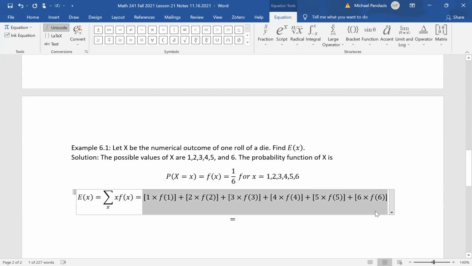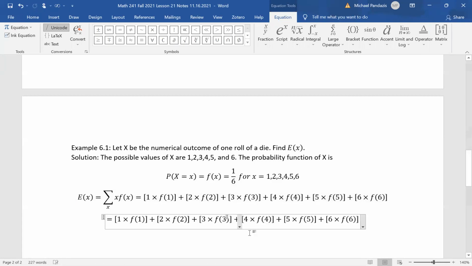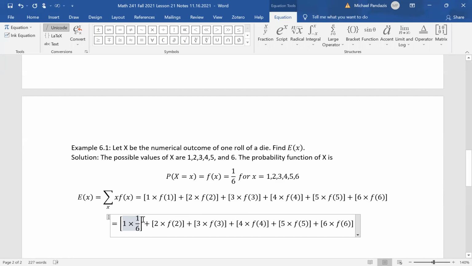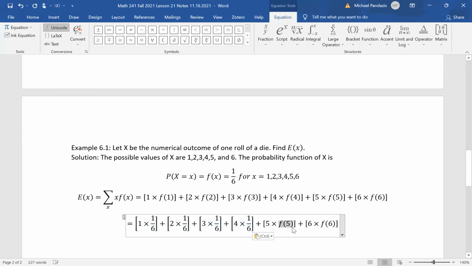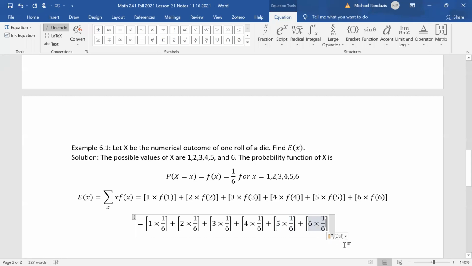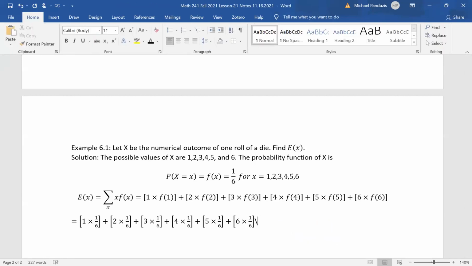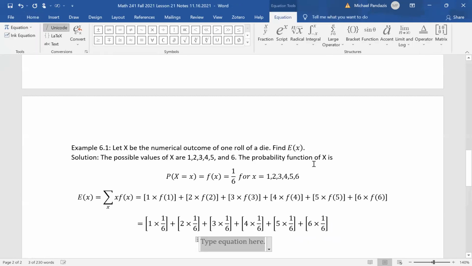And so this sum of products is the same as if you were to replace each of these with 1/6, because those are the values of f for each of those inputs. That's 1/6, 1/6, 1/6, 1/6, 1/6, and 1/6. So now the expected value, by definition, is equal to the sum of these products.